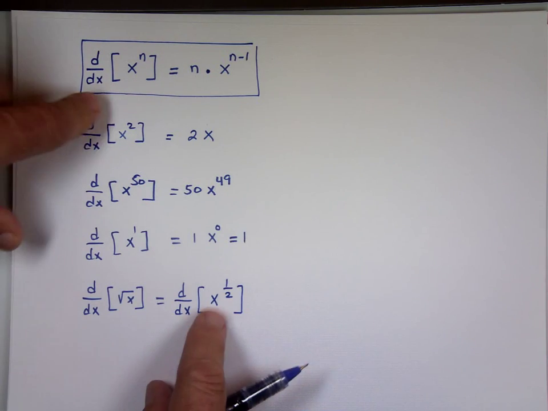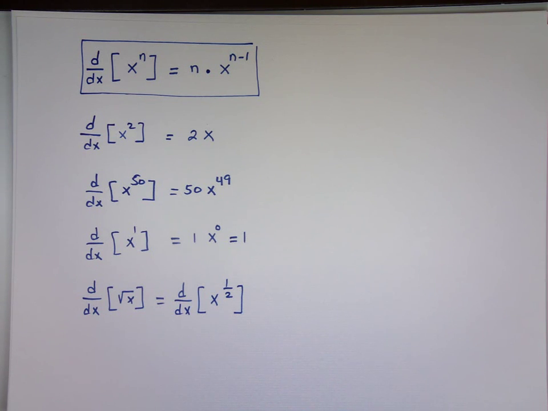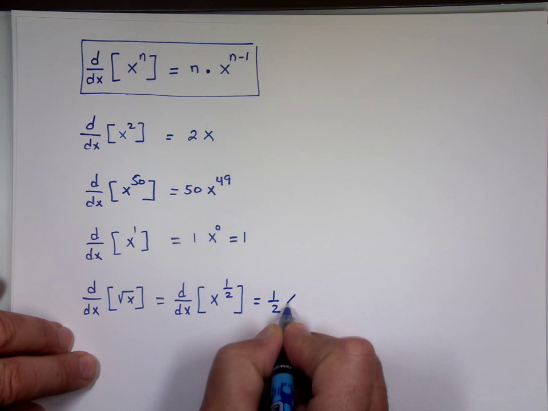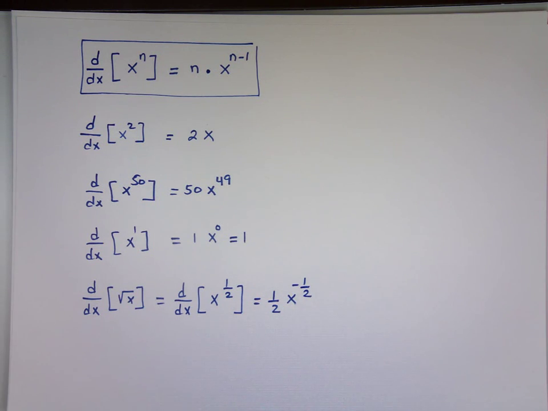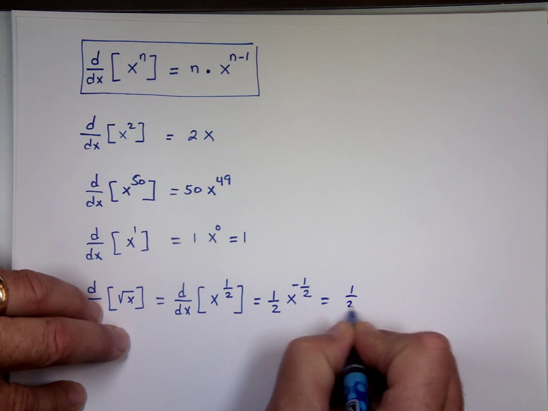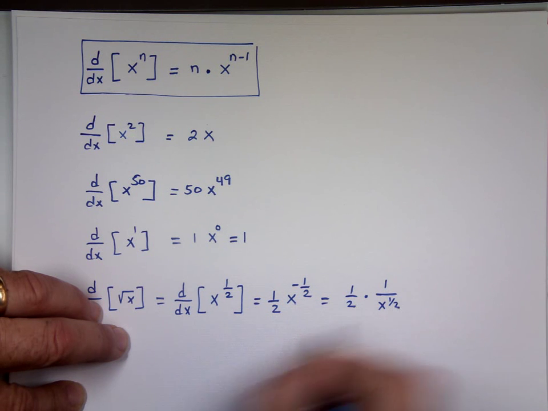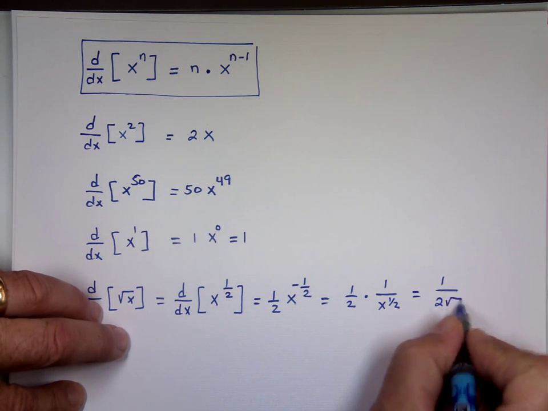Since you have x raised to a power, you can use that rule, which says move the power to the front and subtract 1 from the power. 1/2 minus 1 is negative 1/2. I can clean that up: 1/2 times 1 over x to the 1/2, which is 1 over 2 square root of x.